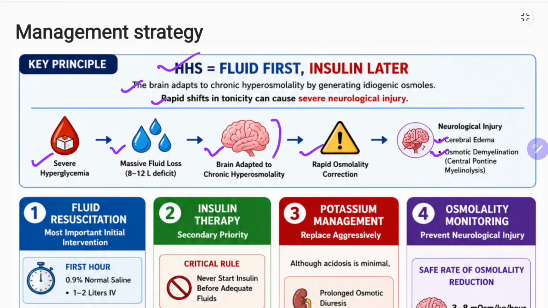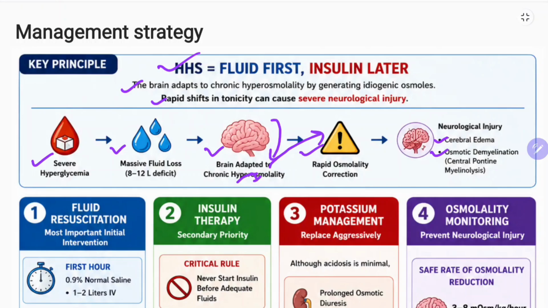Because it is adapted to high concentration, when you dilute this concentration, what will happen? The fluid from the blood will enter the neurons, and that will cause cerebral edema or osmotic demyelination.